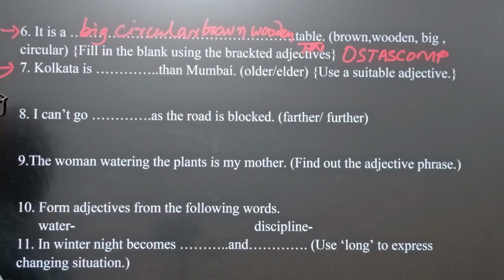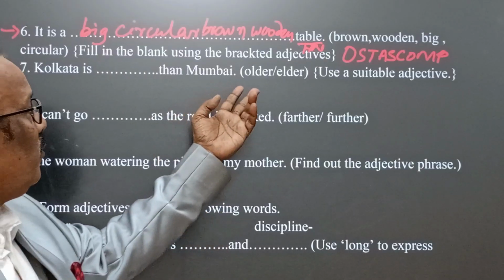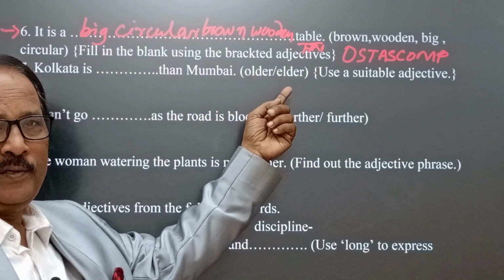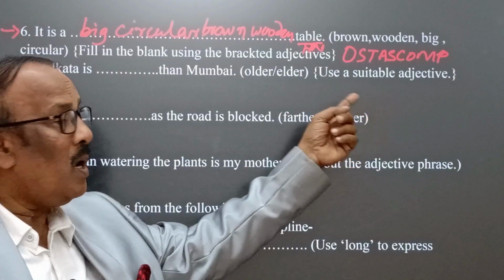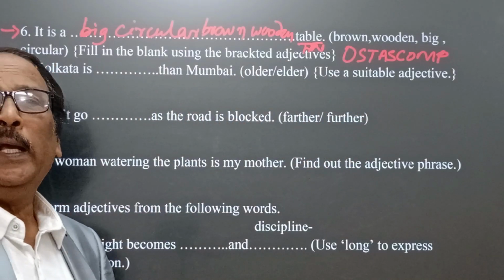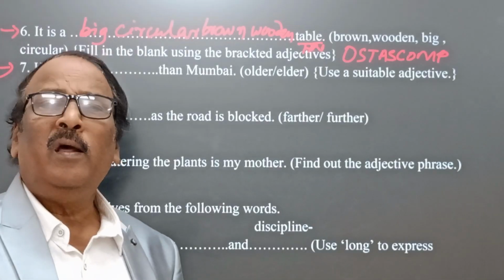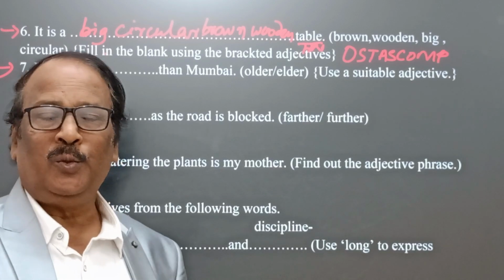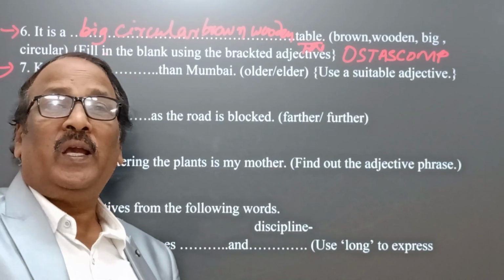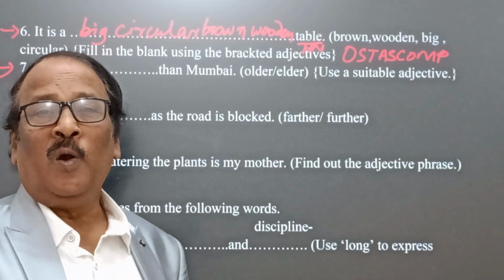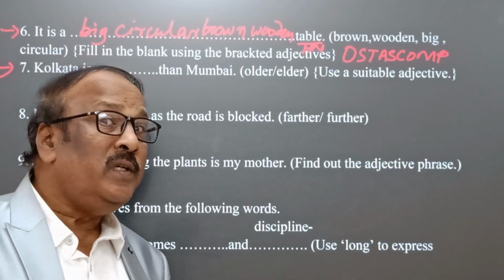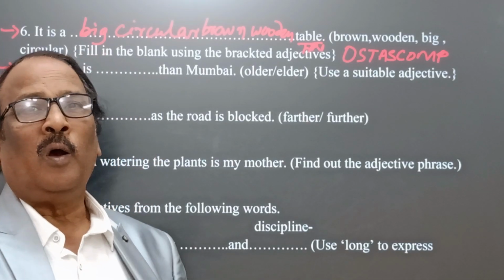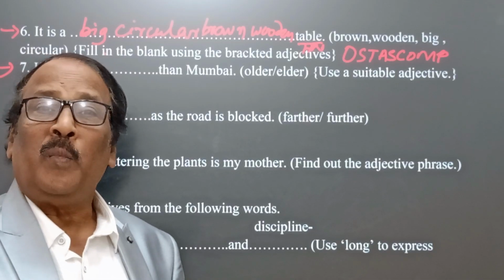Question number 7. Kolkata is blank than Mumbai. Here we have two adjectives, older and elder. Use suitable adjective to fill in the blank. Elder is specially used whenever there is a blood relationship or a person who is senior to another person in a family.